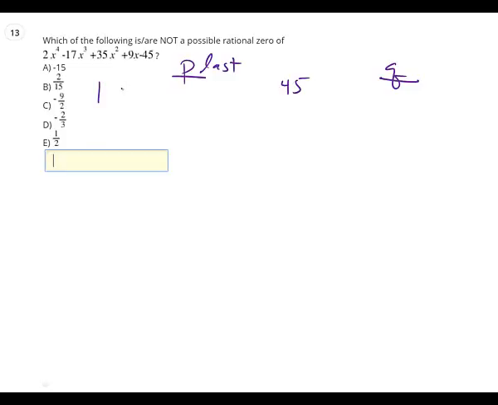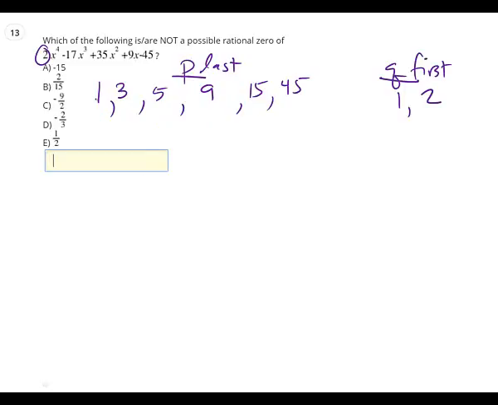What's next? 3 and 15. Okay, what else? 9 and 5. 5 and 9. Is that it? Okay, and then we know they're all plus minuses, but again, it's multiple choice. We can throw the plus minuses on at the end, right? Yeah. All right, where my Q is coming from the first, right? And what times what is 2? 1 and 2. So good news, the list isn't too huge.